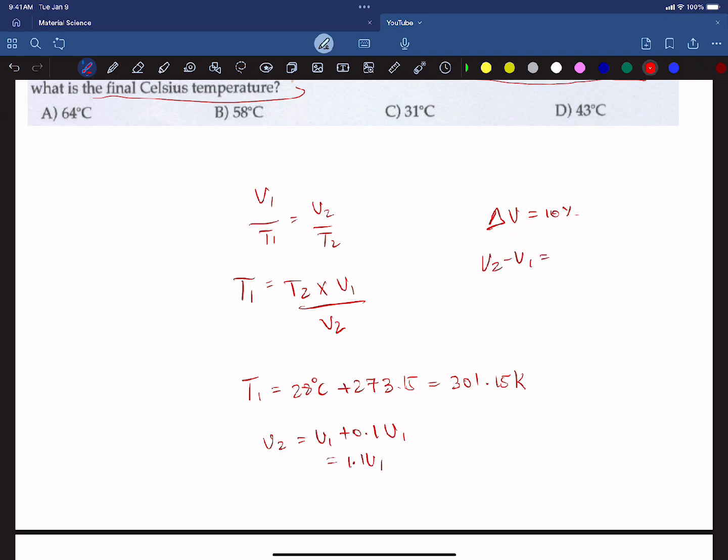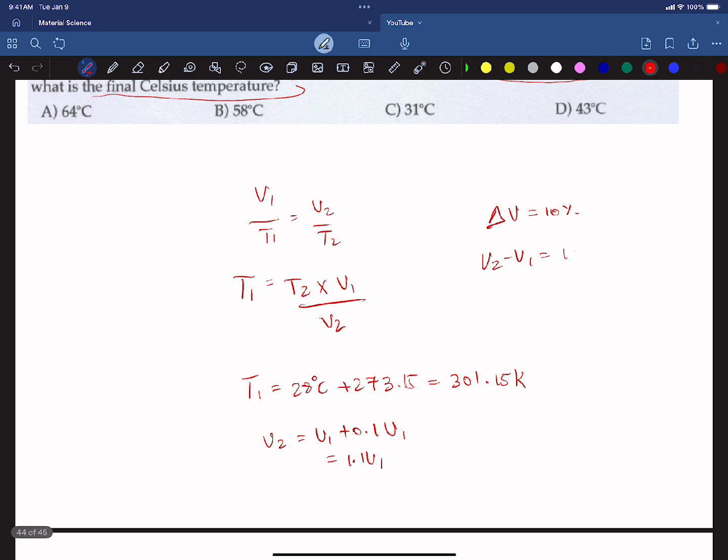V2 minus V1 over V1 is equal to 10%, so it is nothing but 0.1, and this way V2 is equal to 1.1 V1.